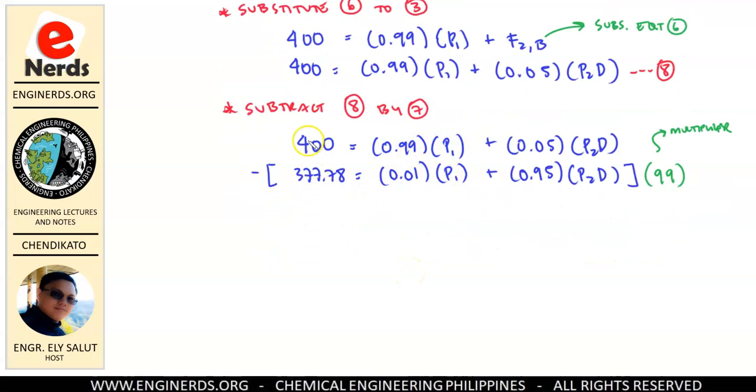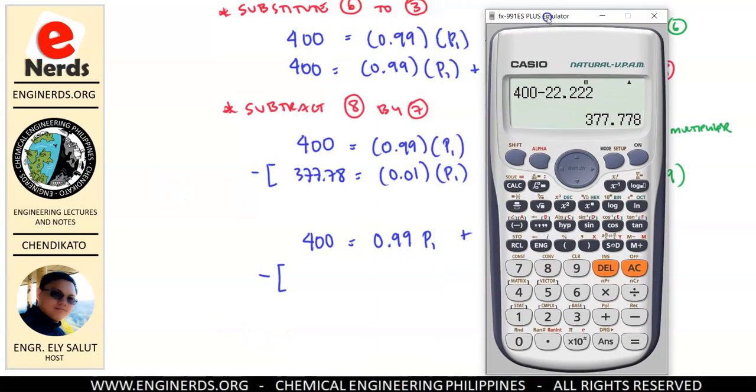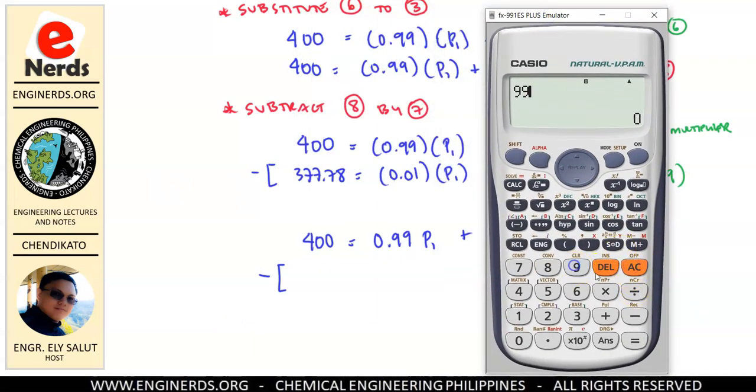Okay, let me show that. I-rewrite ko lang itong ating unang equation, which is 400 is equal to 0.99 P1 plus 0.05 P2D. Okay? Now, I'm going to subtract itong mga minultiply natin sa 99. First, we have 99 times 377.78.